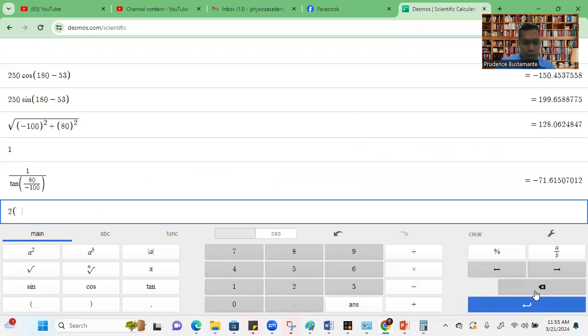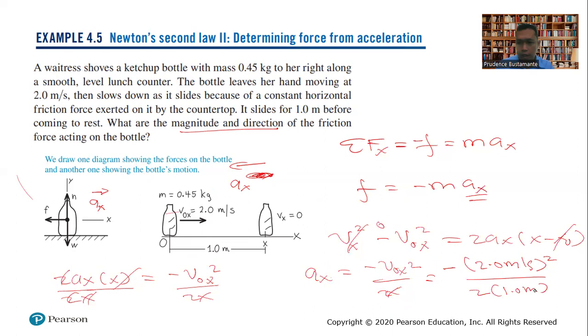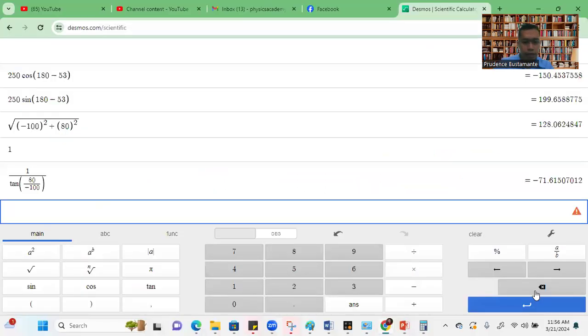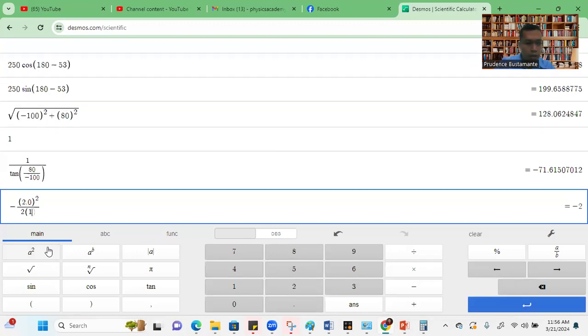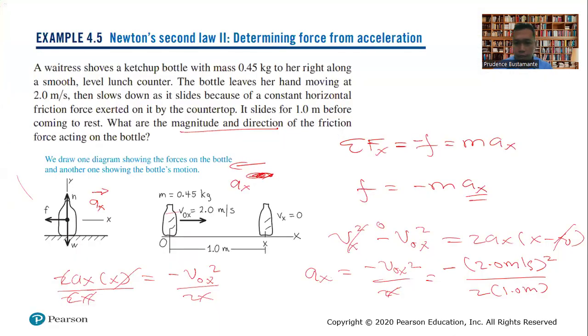So we have negative 2.0 meters per second squared over 2 times 1, which is negative 2.0 meters per second squared. So our acceleration is negative, it's decelerating actually.